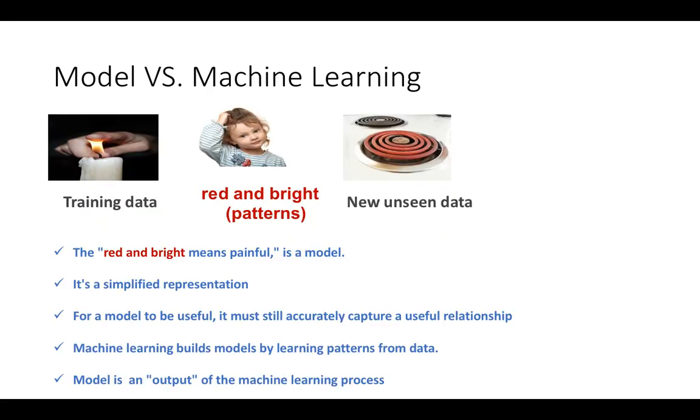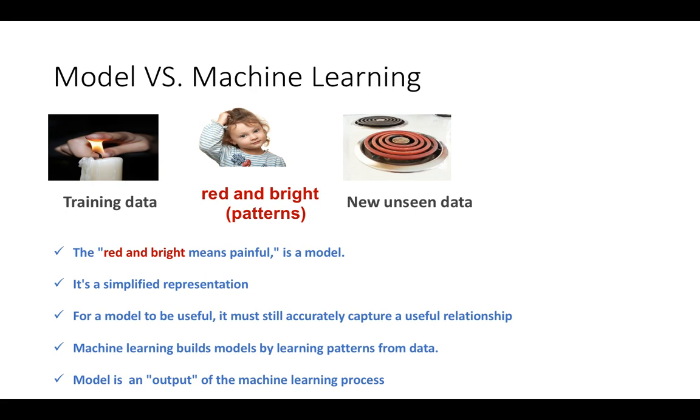And just to recap what we talked about regarding models and machine learning sometime back, we talked about an analogy of the candle and the stove top and the curious kid. So what happened in that analogy? The curious kid stuck her finger over the candle and then learnt a lesson that red and bright means painful, and we called that a mental model she created.